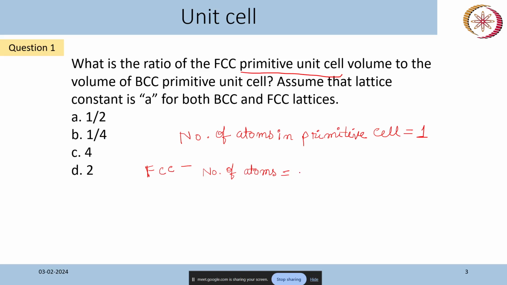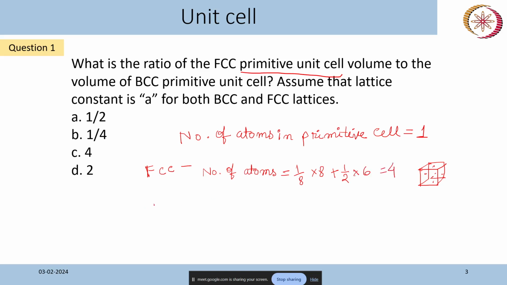For the FCC lattice, the lattice structure will be face centered cubic, right? Ma'am, 4 atoms per unit cell. 4 atoms. Okay. So there are 8 corners, then the faces, there will be 6. So total 1/8 times 8 plus 1/2 times 6 equals 4.